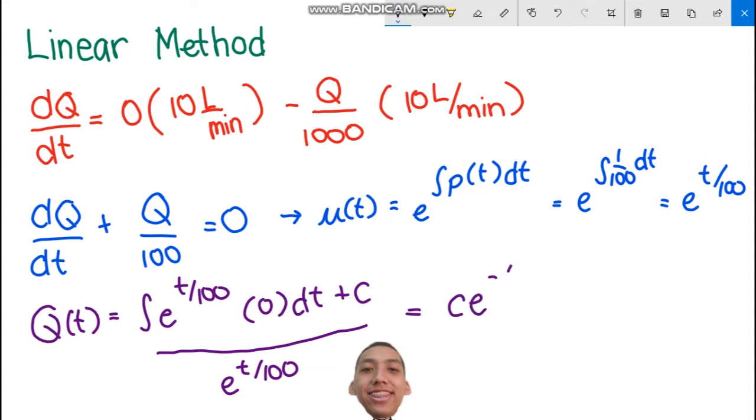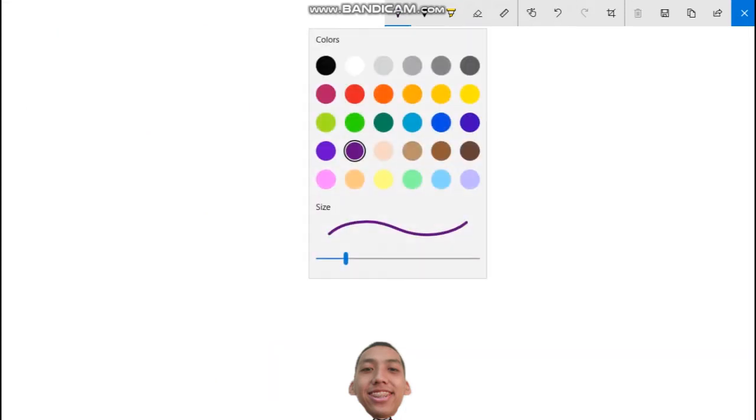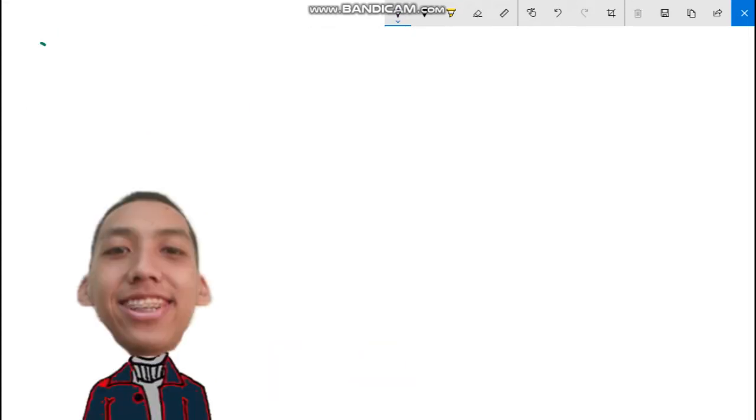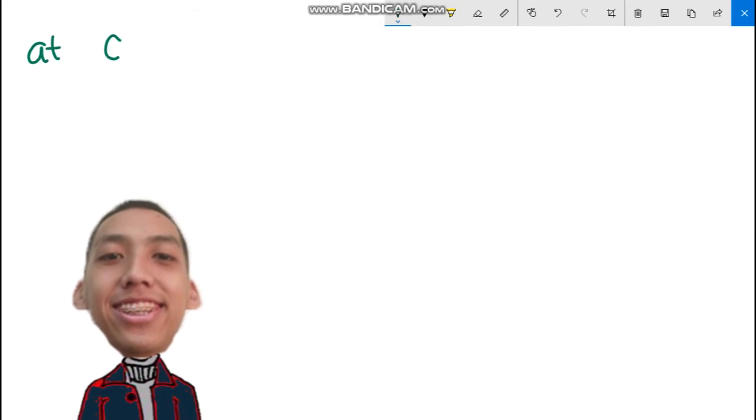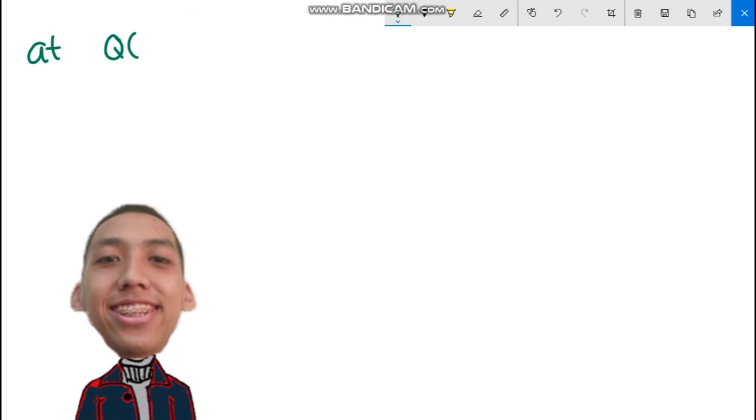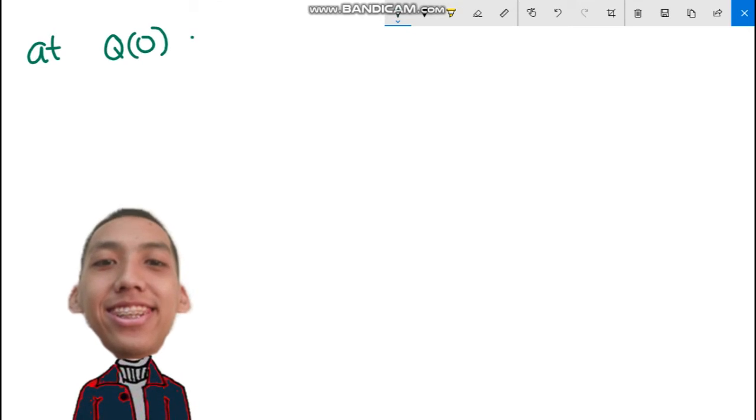Then, the initial condition says that there is 15 kilograms of salt at first. Therefore, Q of 0 is equal to 15. Then, we will equate it to the general solution.